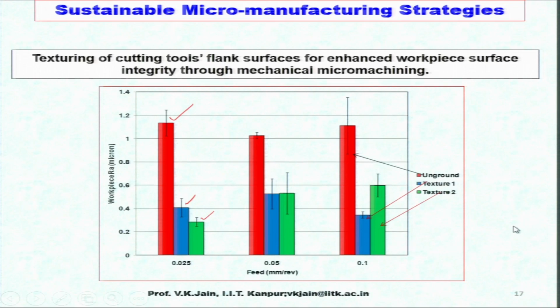So one should really seriously consider it, because this is the process which is maximum used on the shop floor, maybe drilling process, maybe turning process, maybe milling process, maybe facing process. In all the cases, you can have the texture tool to enhance the process performance and have more sustainable machining process.